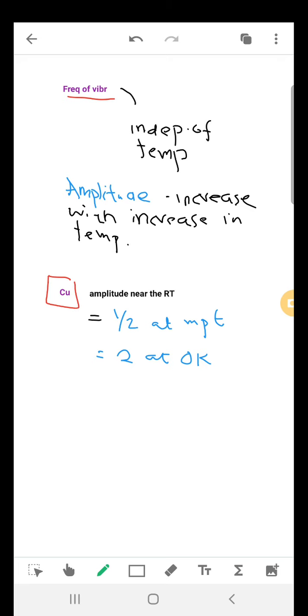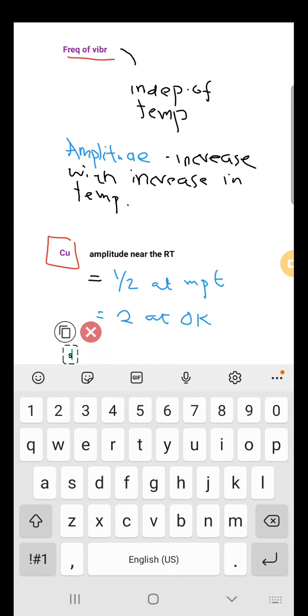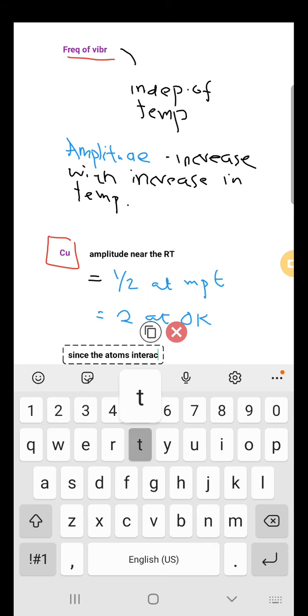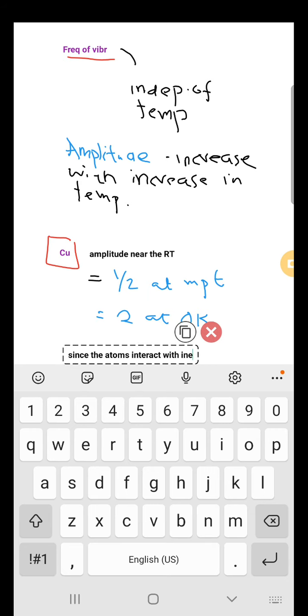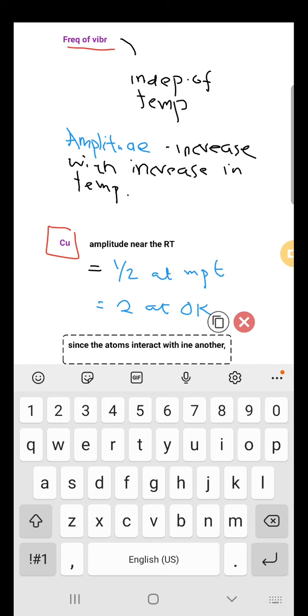Another interesting observation is that since the atoms interact with one another, they tend to vibrate in synchronism.